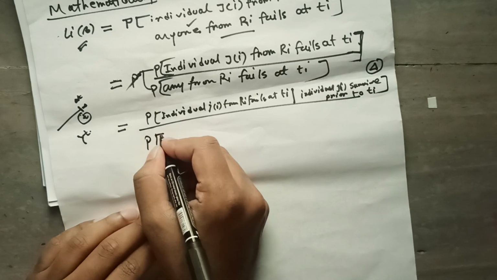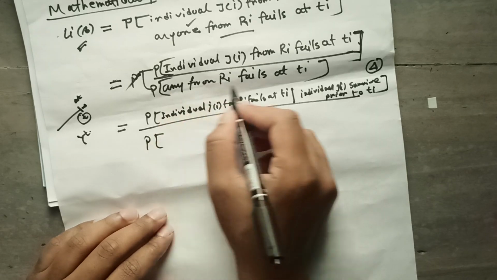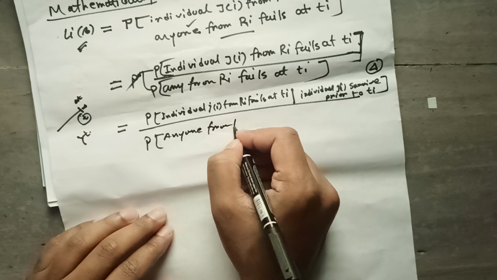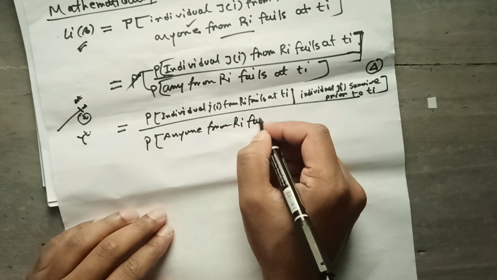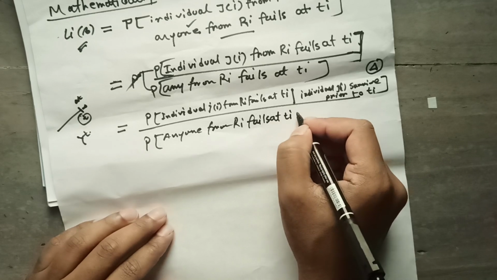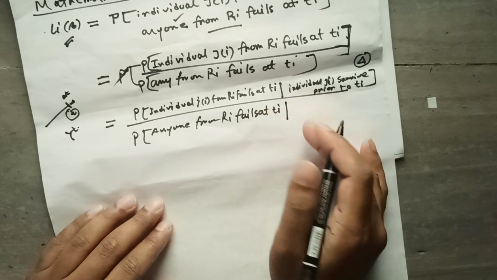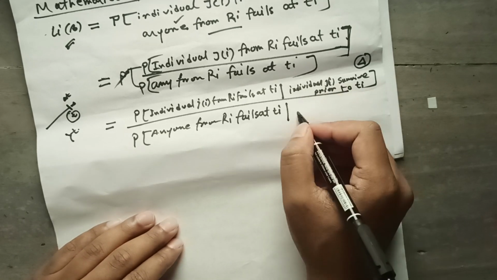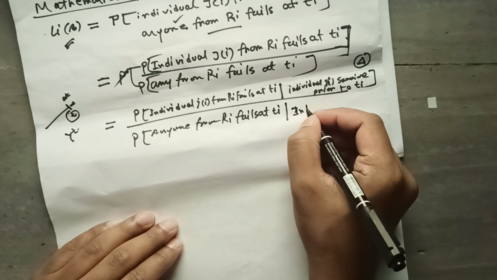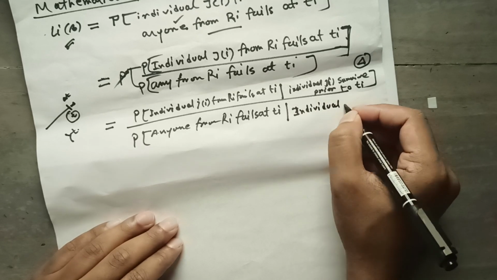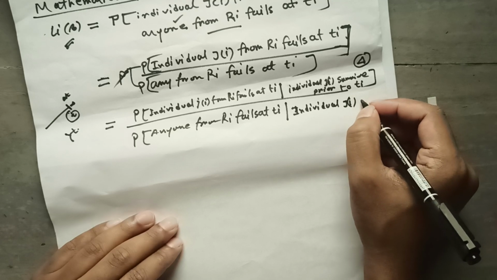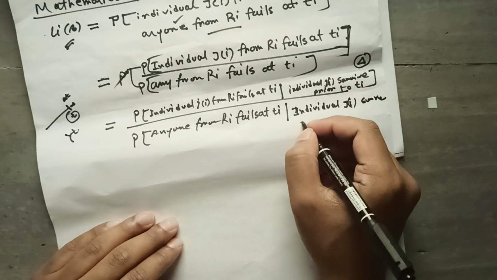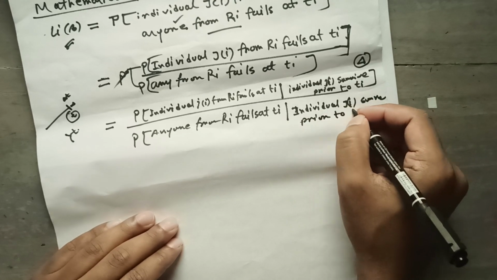And the denominator, we can write the same thing. First this one, anyone from Ri fails at Ti, given an individual survives just prior to Ti. Same thing, I will write it here. Individual Ji just survives prior to Ti.